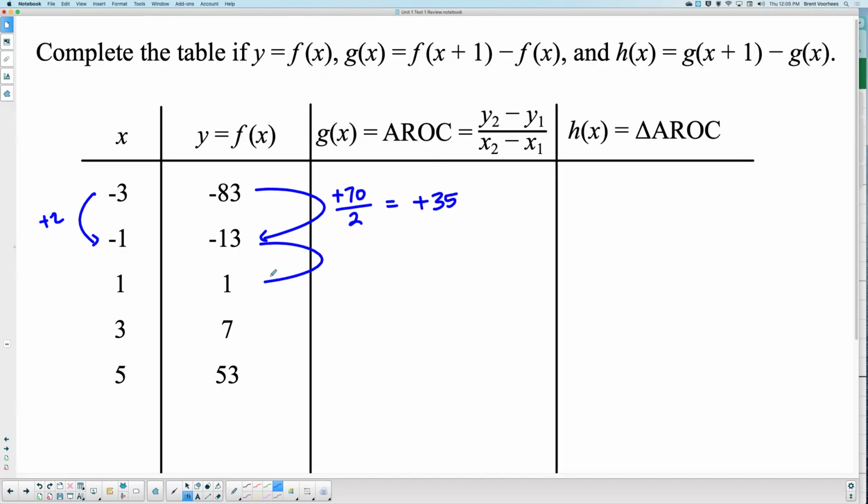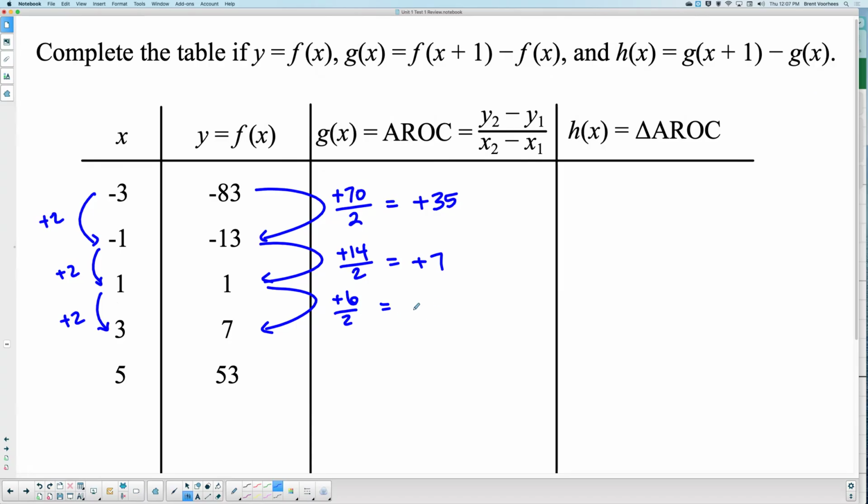From negative 13 to 1, we increase by 14. What about my x's? Plus 2. So positive 14 divided by 2 is equal to 7. Good. Okay, how about from 1 to 7? Plus 6. And how about my x's? Plus 2.